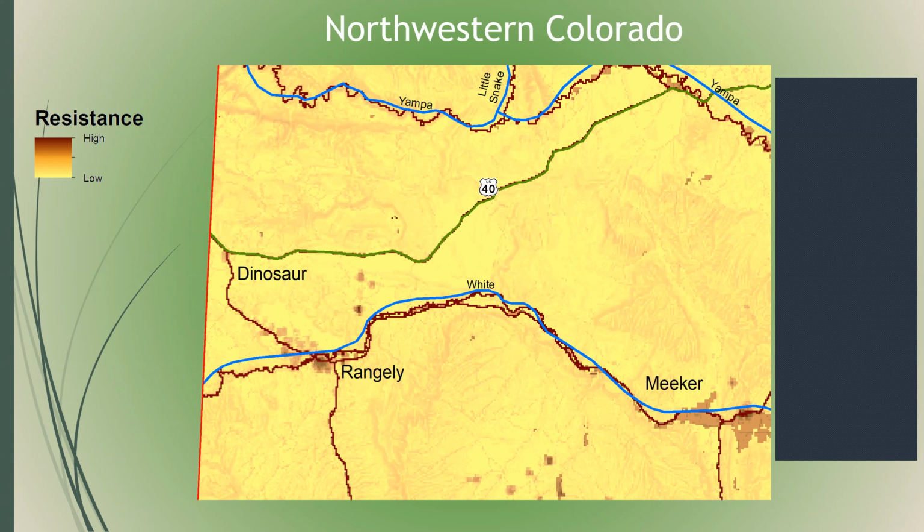So this map shows a portion of northwestern Colorado. And as you can see, the darker colors indicating more resistance occur around towns, but there are also areas of intensive agriculture or energy development that have substantial resistance.